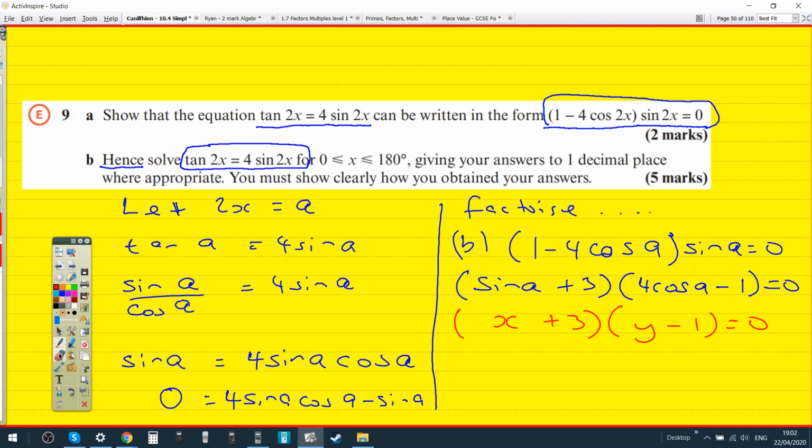Or let's just say, I'll keep it simple, x minus 1. So sine A equals minus 3 and 4 cos A equals 1. There you go. And then go all the way back up to the original one. So 4 cos A equals 1. Yep. And sine A equals 0. Yep, that's it. So it's just GCSE brackets. Very difficult trig stuff, but essentially it's the same idea. Something times something gives you 0. Either the first number is 0 or the second number is 0.